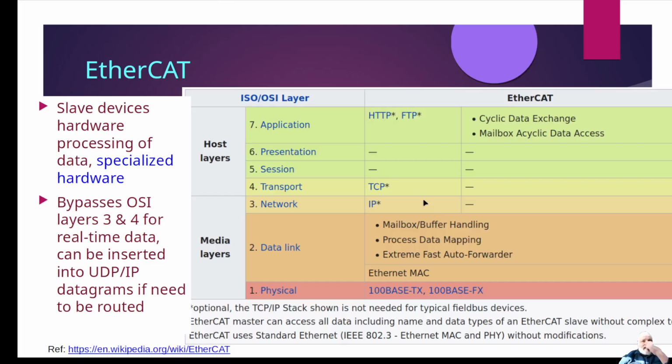That is one of the things that makes it so fast. The other thing is you can't go over to Best Buy and grab a switch or a Wi-Fi router off the shelf, bring it in here and plug it in and do EtherCAT communications. It requires the switch to have special hardware.